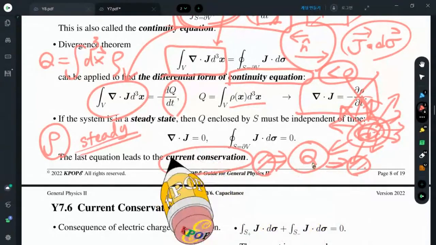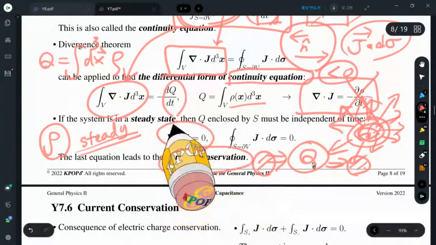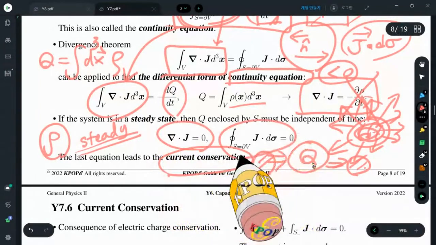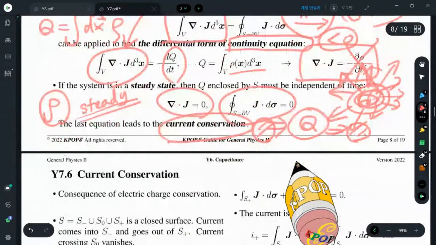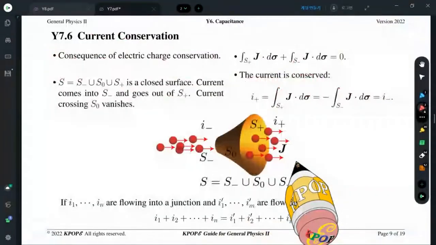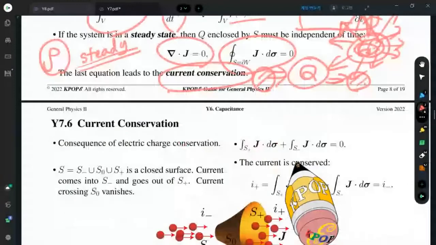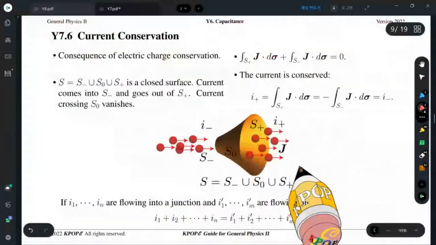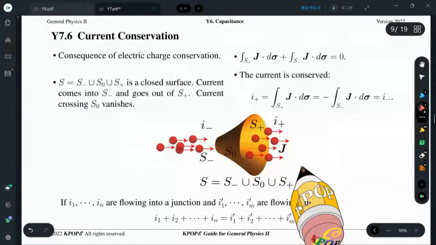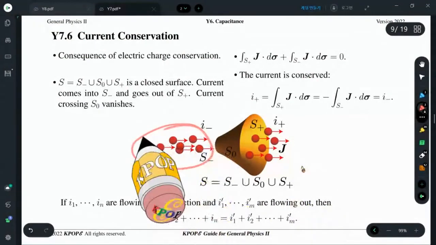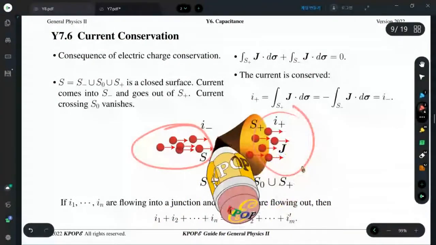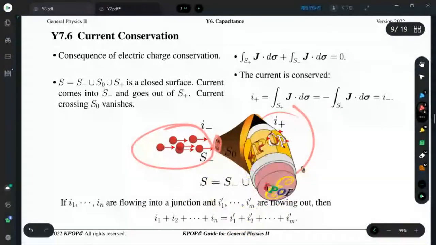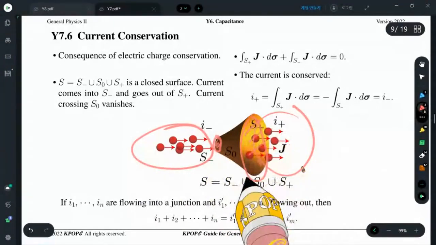So mostly when you learn fluid dynamics, you consider these trivial problems only. Another example of this current conservation is when you study fluid dynamics, flow in, flow out across a small area and a wide area.